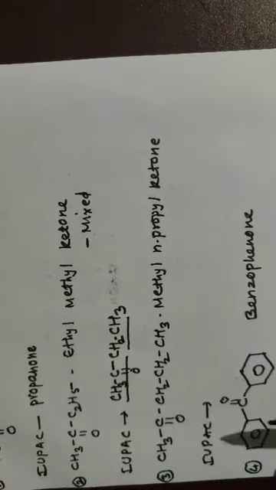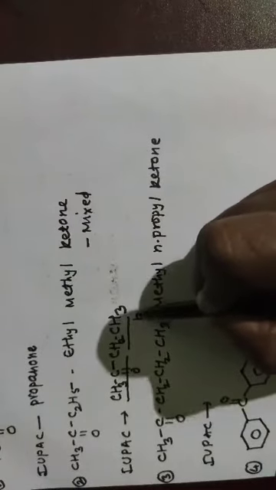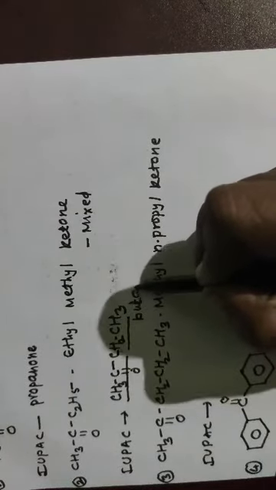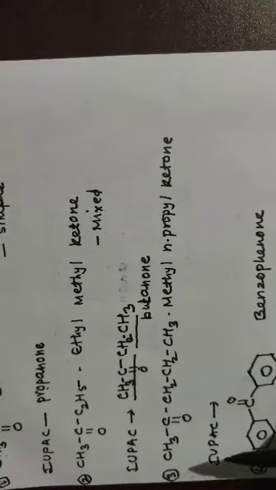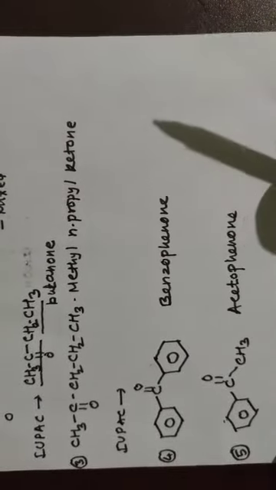And as 4 carbon atoms are there, your main alkane is butane. E gets changed to ONE as the CO group is present, so it is butanone. Now in case of propanone and butanone, only one structure is possible, no isomers, and hence there is no need of indicating the position of the CO group. For all the rest of the compounds you are supposed to indicate the position of the CO group also.